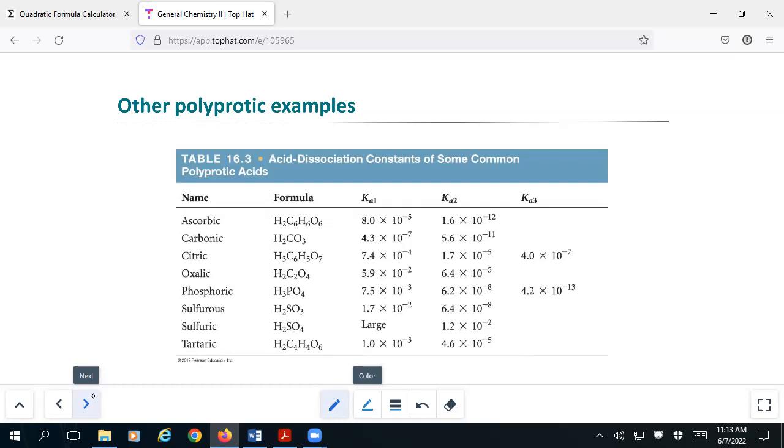And so the tables in your book give us a little bit of insight into that as well. The appendix tables do that also. One thing that you will not get from me: some professors and some examples in the textbook will go through this really grand, large equilibrium problem where you have to figure out the total pH of an acid like phosphoric acid or carbonic acid or something like that.